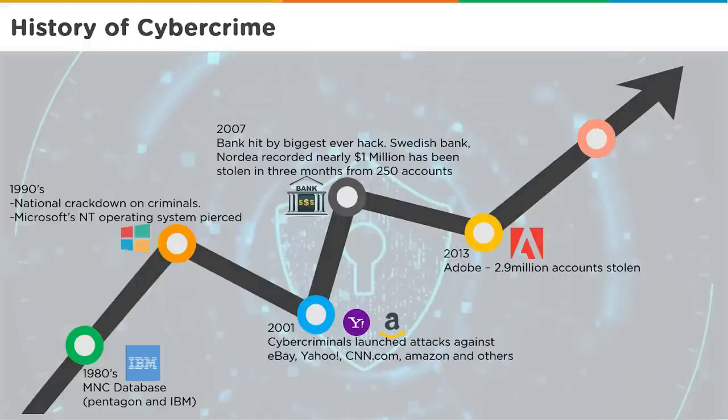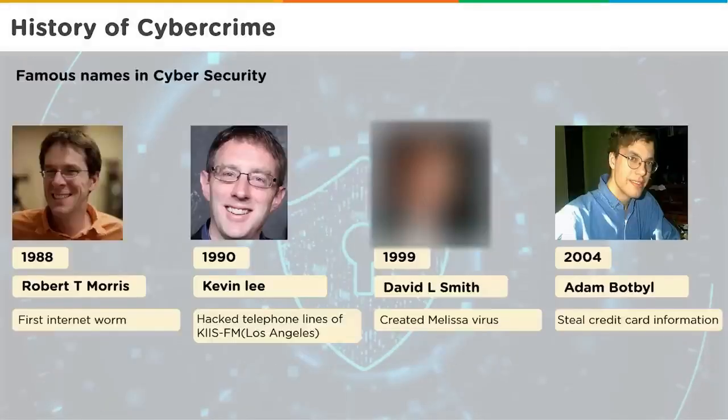In 2013, Adobe had 2.9 million accounts compromised and their usernames and passwords released on the open internet. In 2016, Kaspersky, one of the leading antivirus providers to the world, reported around 758 million malicious attacks, which they identified themselves.